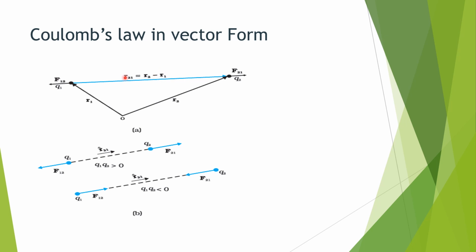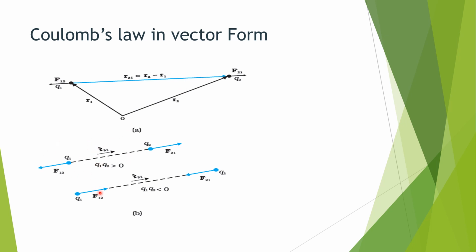So this is our vector r21. r21 denotes the position vector, resultant of position vectors r1 and r2, which is directed from 1 to 2, not from 2 to 1. Okay, 1 to 2. Now see this diagram.